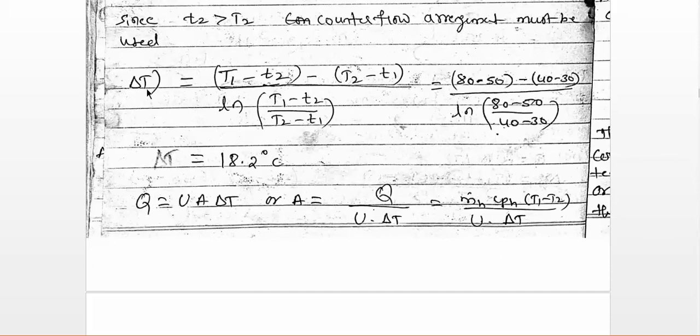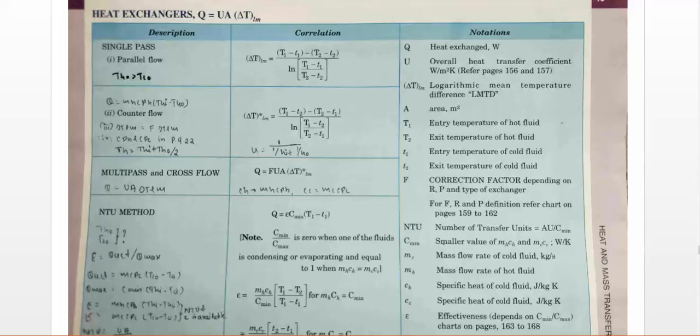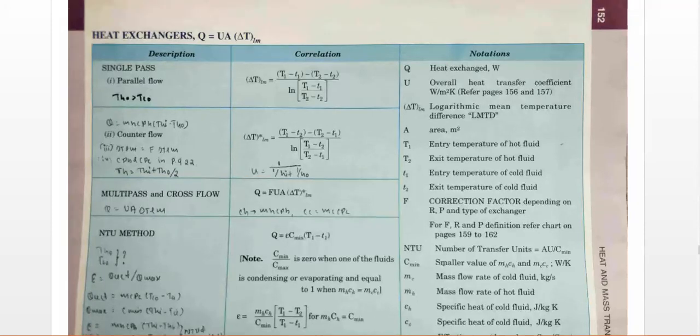For the counterflow heat exchanger we have to go with this expression, which you will get from your data handbook. It is on page number 152 of the 8th edition. This is the expression for the counterflow heat exchanger.